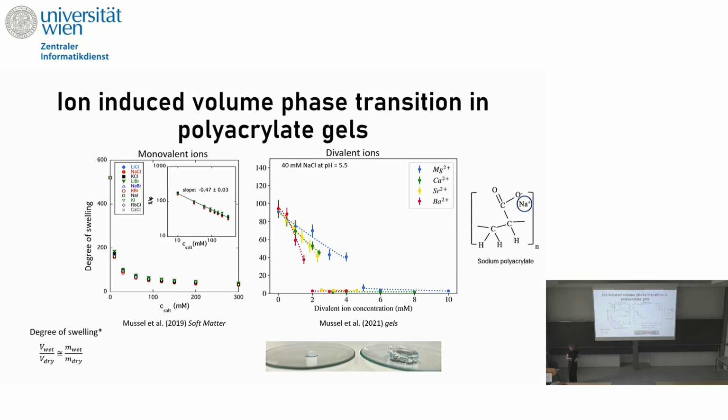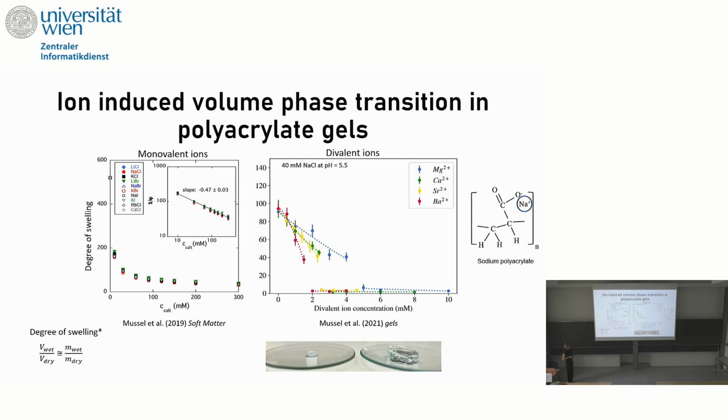And in this case, we have a dependency on the identity of the ion. As we go down the second column of the periodic table, we need a lower concentration of the divalent cation. Some of the reasons for that can be that as we go down the table, the hydration shell becomes weaker.